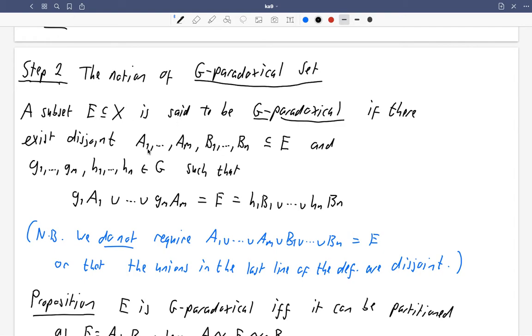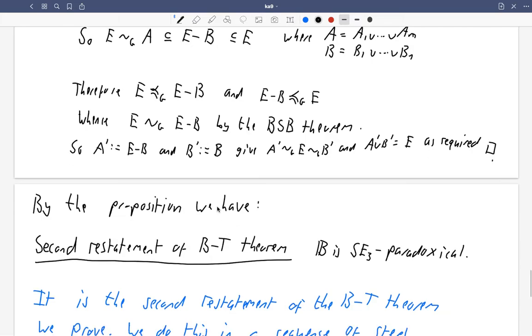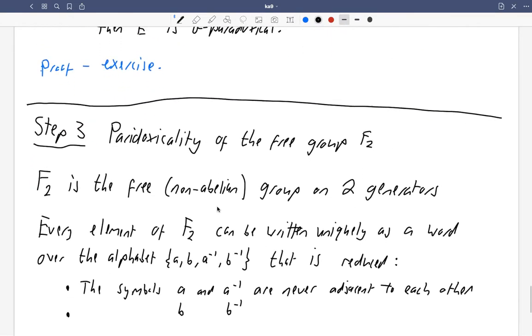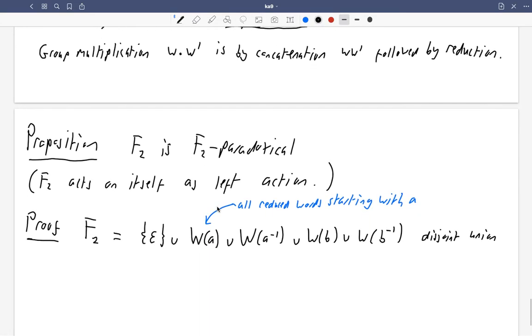We want to find subsets A1 through to AM and B1 through to Bn that we can then shift by using group elements and union them together to get the whole group back. And in this case, we're going to have this. These are the A sets, and these are the B sets.